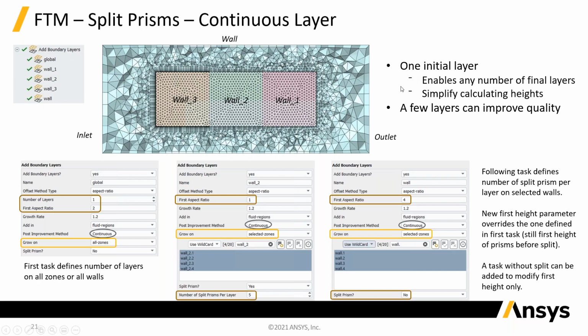This gives you a lot of flexibility, and you can see in this case, it's been done in such a manner that you go from thin to thick as a demo here, using different tasks. So this is a good way of actually getting some high quality inflation on. If you can't get lots of layers around, you might be able to get a couple around and then do splitting.